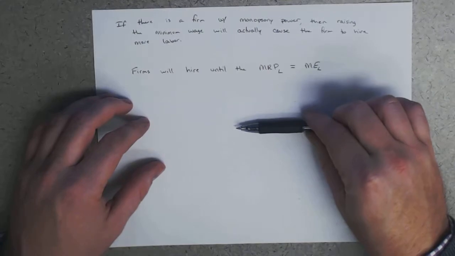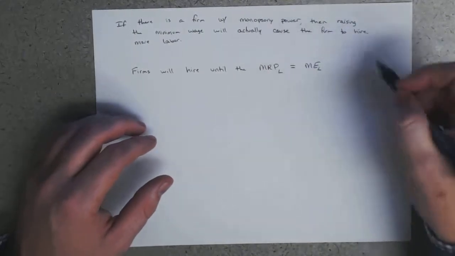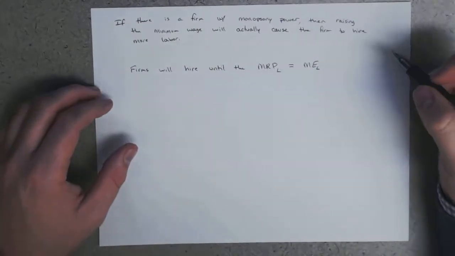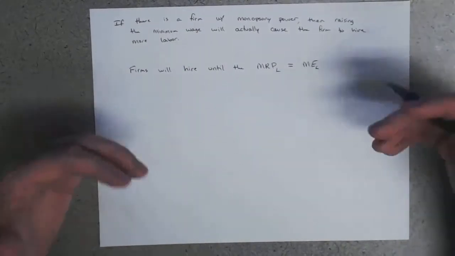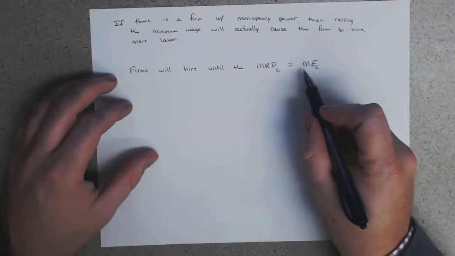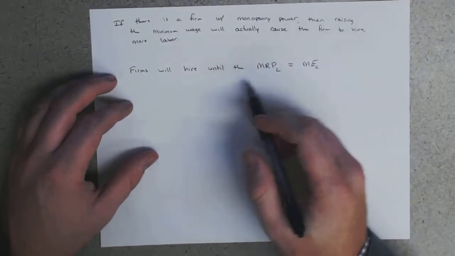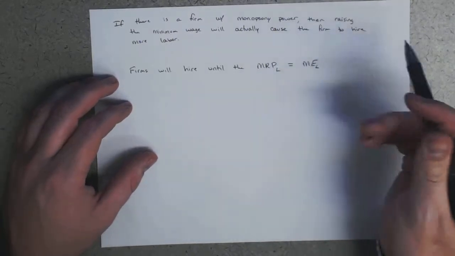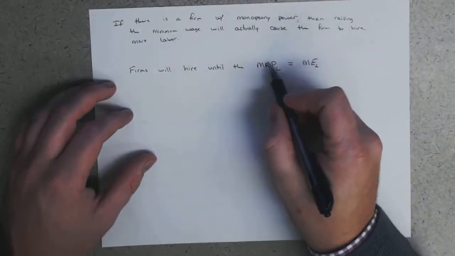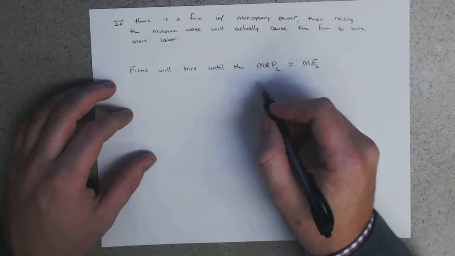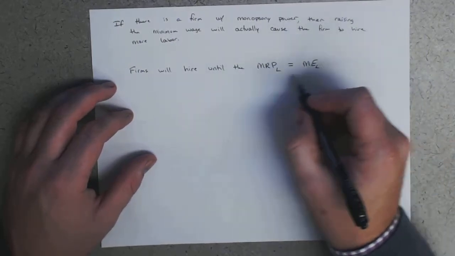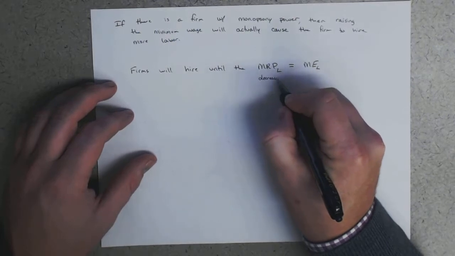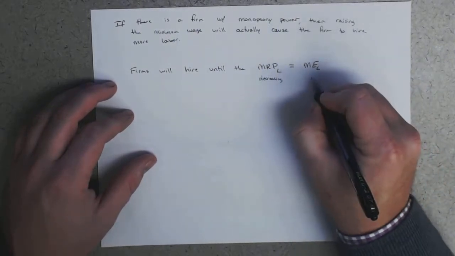Okay, so in a case where there's no monopsony power, where the firm has a perfectly horizontal labor supply curve, the marginal expense of labor is very low. But in the case of an upward sloping supply curve, the marginal expense of labor is going to be much higher. And if the marginal expense of labor is higher, they're going to stop hiring labor at an earlier point. Remember, the marginal revenue product of labor is a decreasing function, and the marginal expense of labor is increasing.